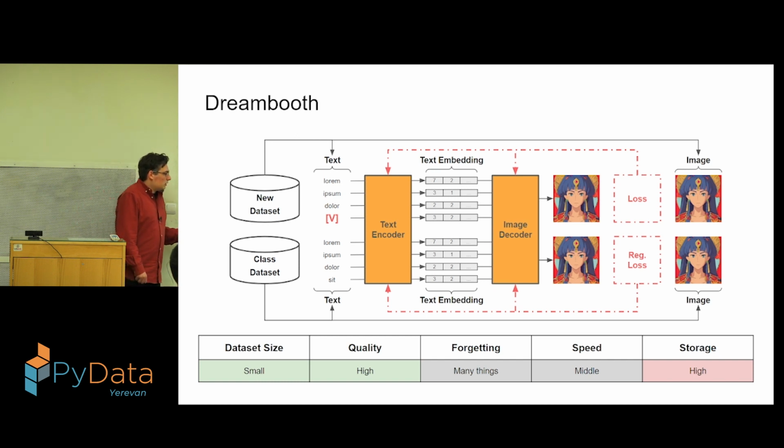The quality is very high. In industry, this is one of the good quality methods for fine-tuning. The forgetting is a few things, still not very much, more than in the previous case in general, but less than the raw fine-tuning. The speed is medium because we still have some additional dataset attached in this case. And the storage is still high because we fine-tune the text encoder and image decoder and need to store the weights.